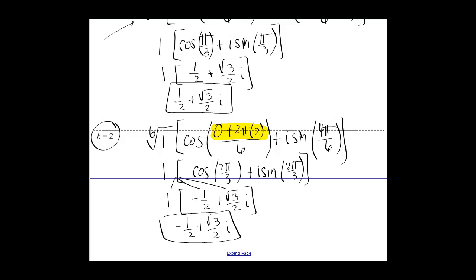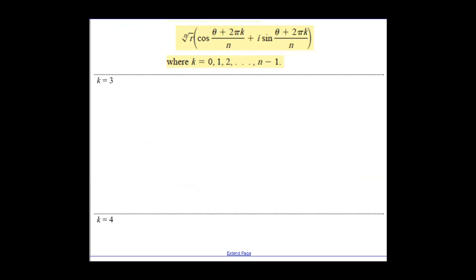All right, 3 down, 3 to go. Remember R is still 1, N is 6, and theta is still 0. So K equals 3, the 6th root of 1 is still out front. Open brackets, cosine.